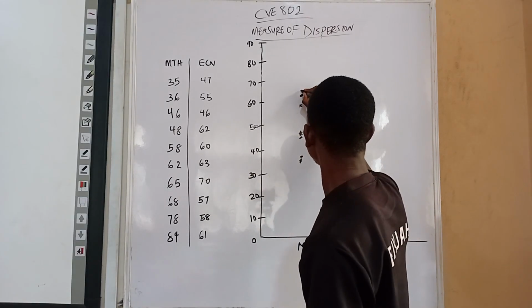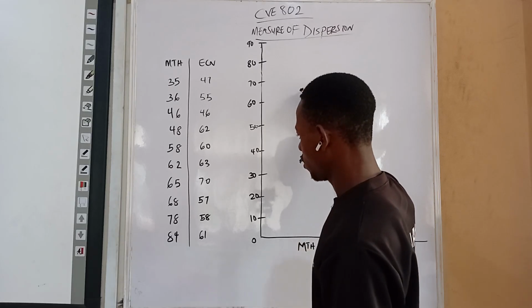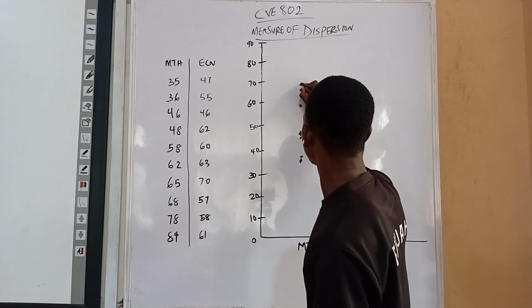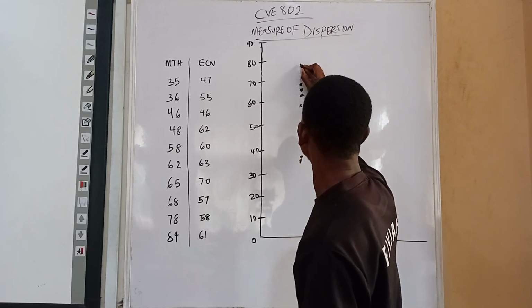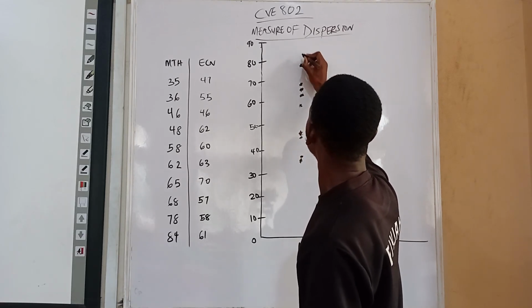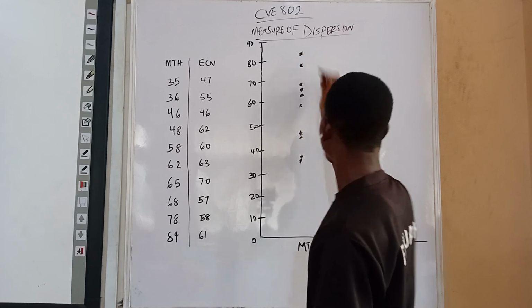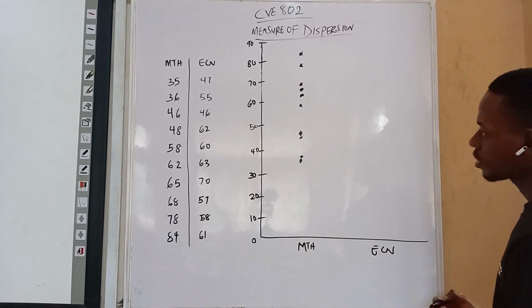Next, 65, in between 60 and 70, then 68, then 78, and finally 84. This is for mathematics.